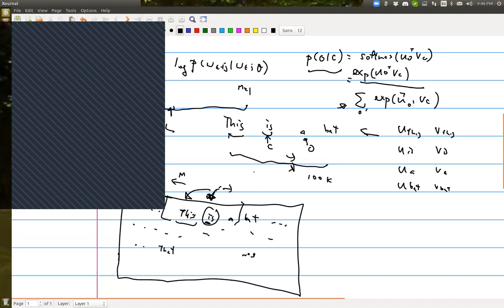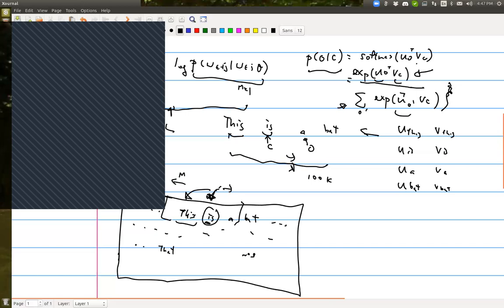If you look at this probability, because it is modeled by this softmax, the numerator only depends on the outside word and the center word, the U_O and V_C. But what's below depends on the U of all the words.